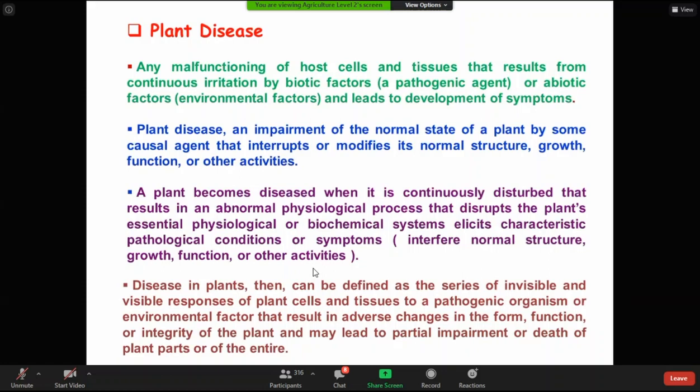Any malfunctioning of host cell and tissues. Malfunctioning means deviation of normal function.